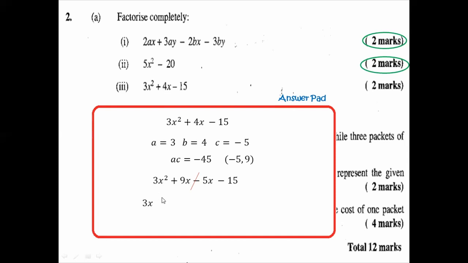And then what's the procedure again? We divide both terms by the common thing. So 3 will cancel 3 here, and x will cancel one of these, leaving only x, and 3 will cancel the 9 here, and x will cancel the x there. So we end up with x plus 3.